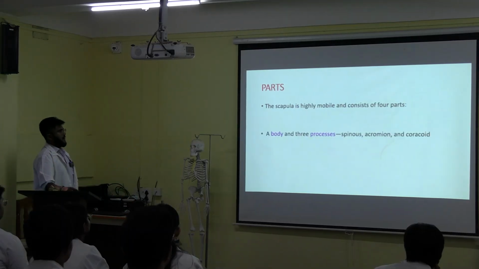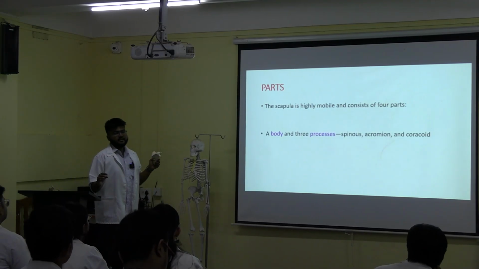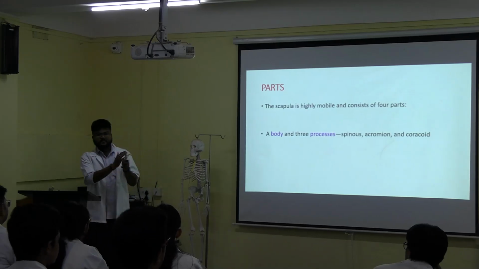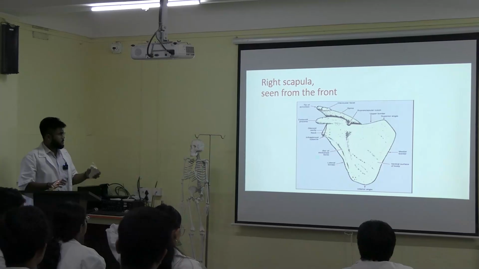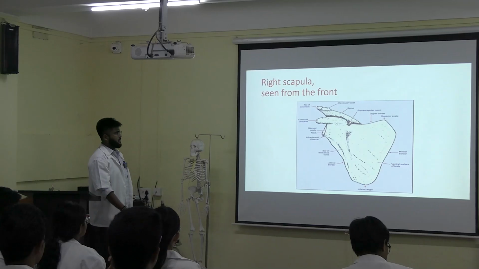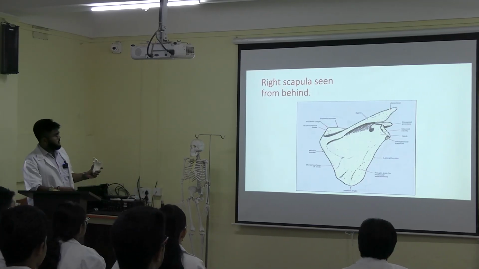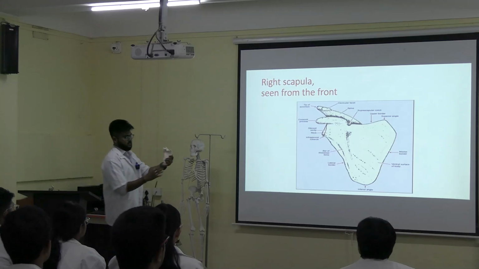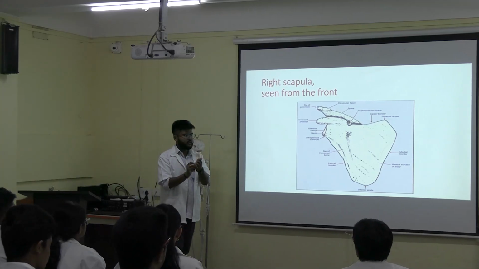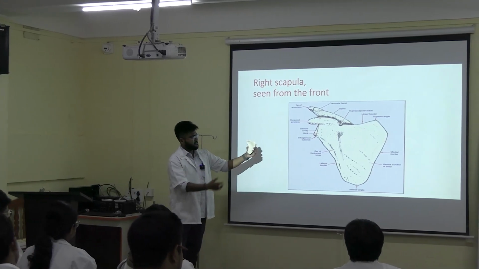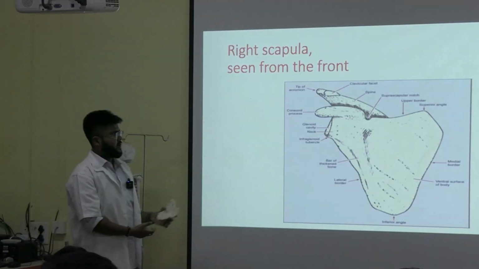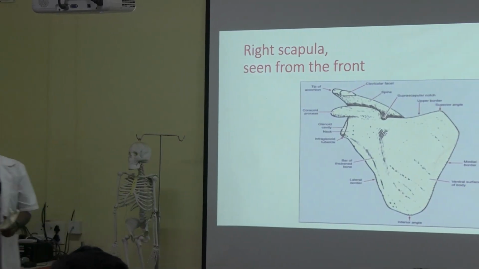Next, the parts. The parts are divided mainly into the body and three processes. Now see the parts. This is your anterior surface, the picture is like this. Here you can easily see what structures are present in the anterior surface.